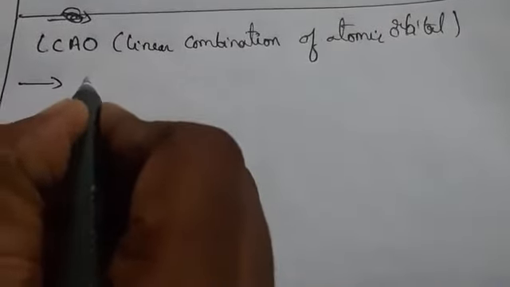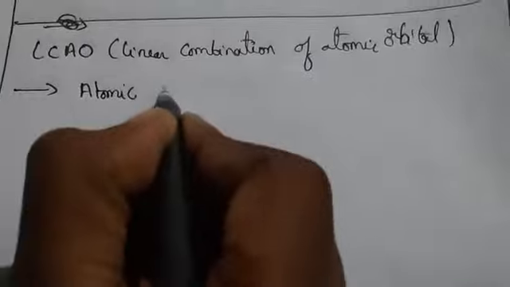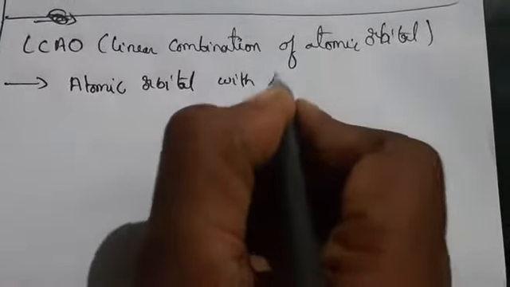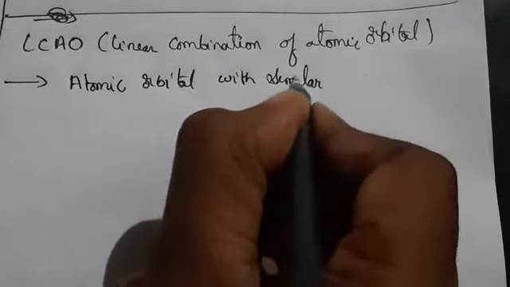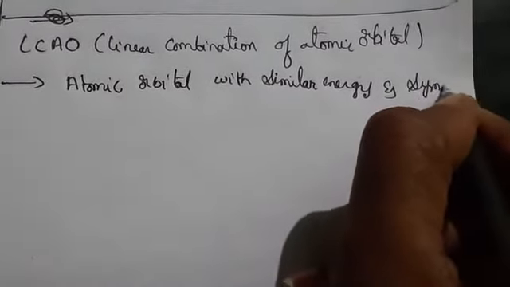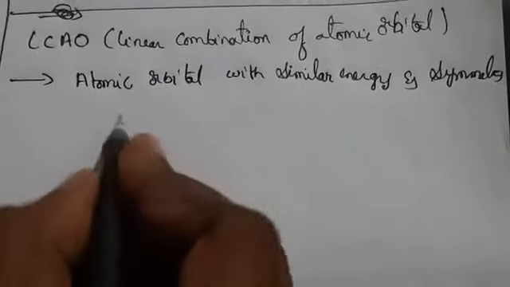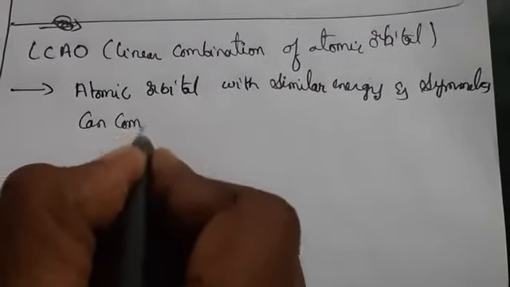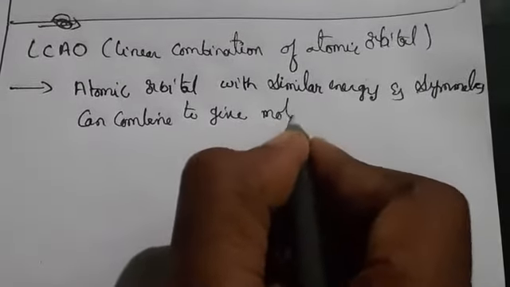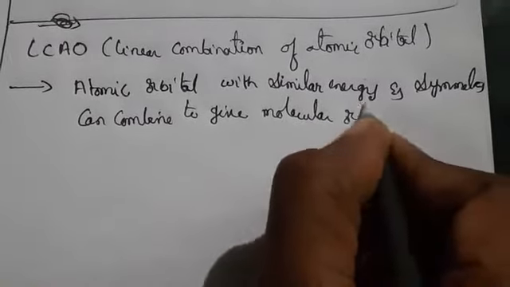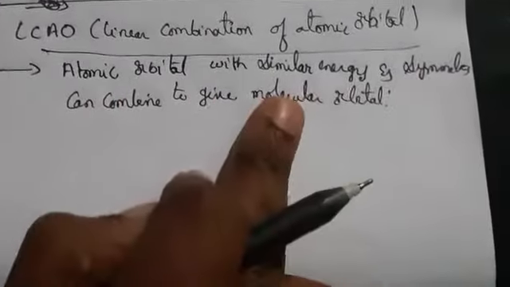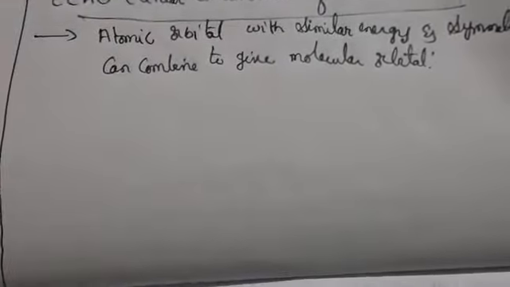Linear combination of atomic orbitals is nothing but atomic orbitals with similar energy and symmetry can combine to give molecular orbitals. Those with the same energy and symmetry will give a molecular orbital.